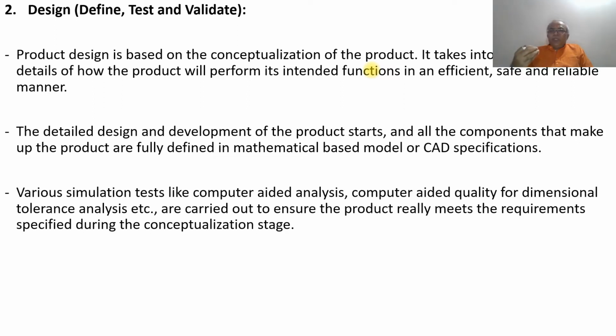We need to know whether the product is required, which is to be assessed in the market. Once you do that, we should know the aesthetic appearance and also the functionality of the product. And once you have that conceptualization, then we come to the design. It takes into account the details of how the product will perform its intended functions in an efficient, safe and reliable manner.